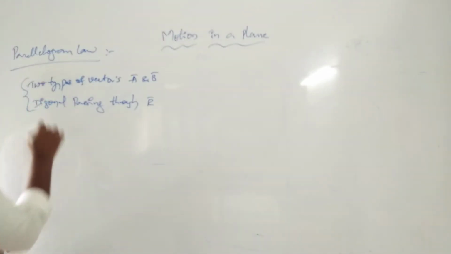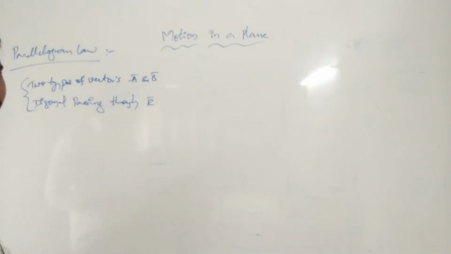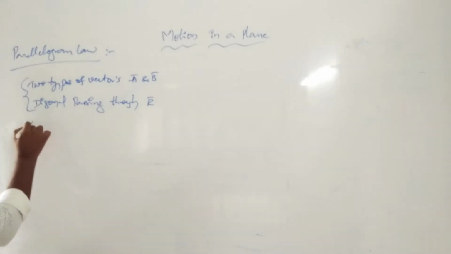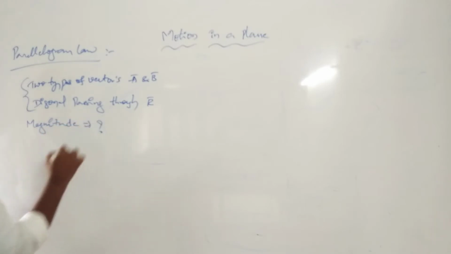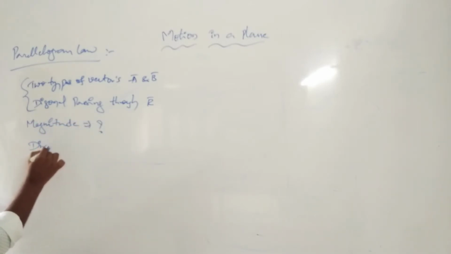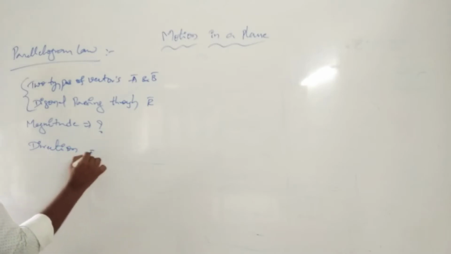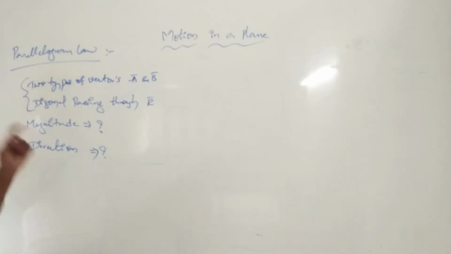There are two conditions: what is the magnitude of the resultant, how much, and what is its direction.